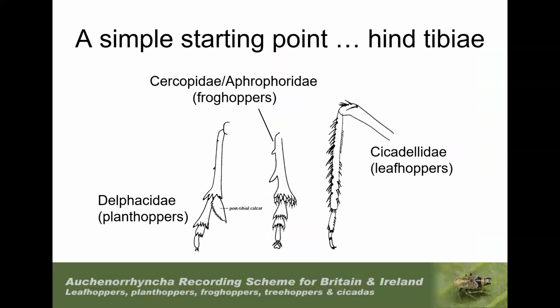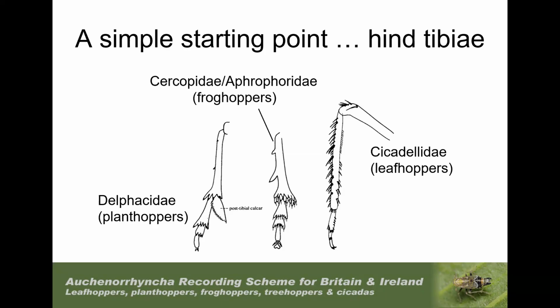I like to start with this distinction because this covers a significant number of the total species that we're talking about. It's a very simple starting point for people who are not familiar with this particular group in terms of distinguishing between at least three of the main families. That's to look directly at the hind tibia, and specifically the spines that run down the tibia.